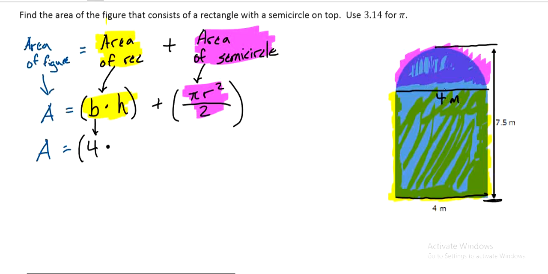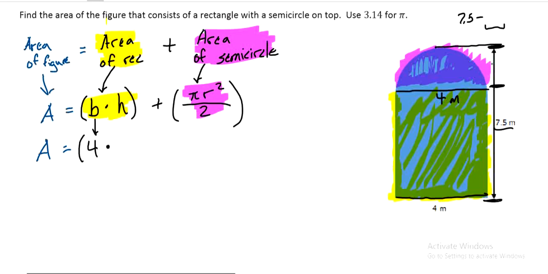So the diameter of this semicircle is 4. Now, we're getting closer. We need to know what the distance from here to the top is, from the bottom of the semicircle to the top of it. That way we can take this chunk off of the total 7.5. So we want to do 7.5 minus whatever this missing chunk is.